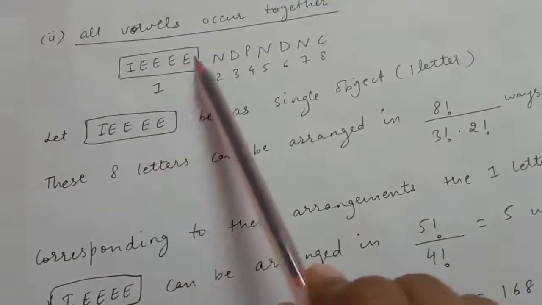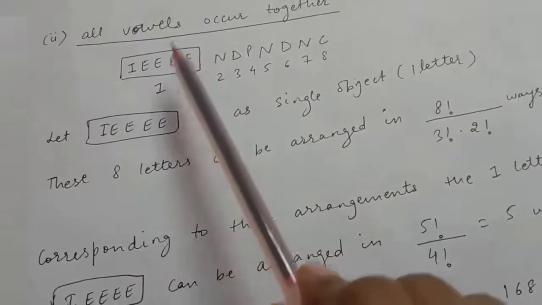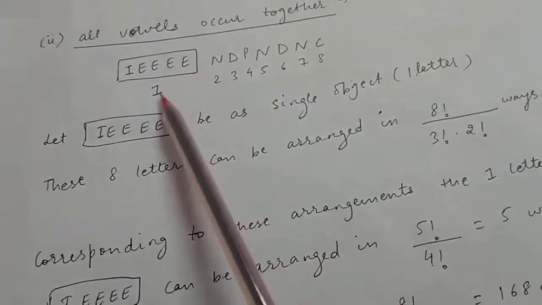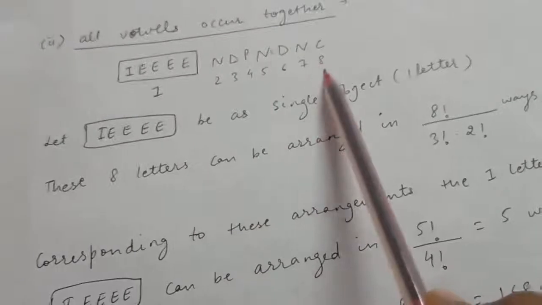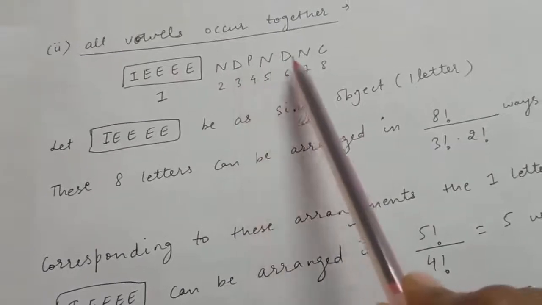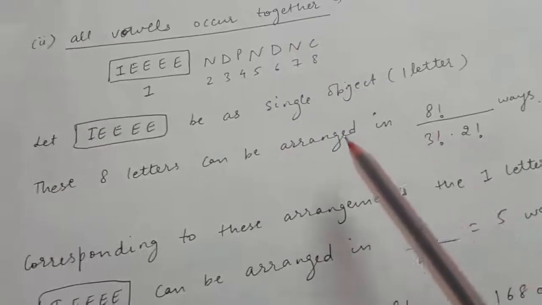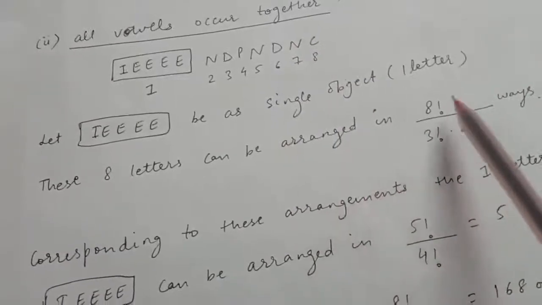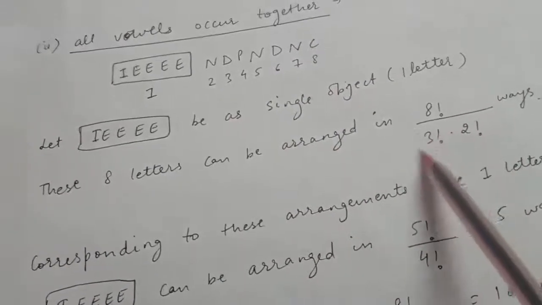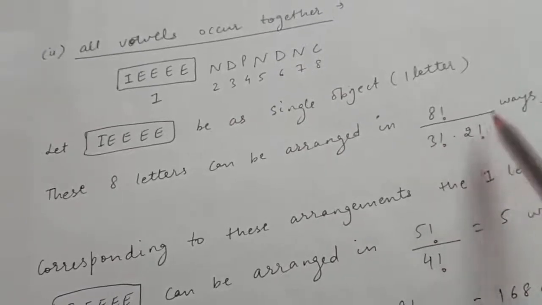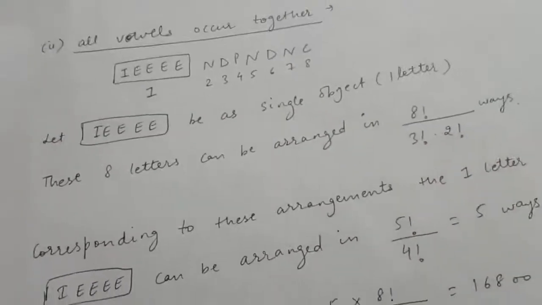Don't see that these E's are repeating 4 times, because we are considering this as one letter. Now we have 8 letters in which N is repeating 3 times and D is repeating 2 times. Therefore, these 8 letters can be arranged as 8 factorial upon 3 factorial into 2 factorial. This is for N and this is for D, right?